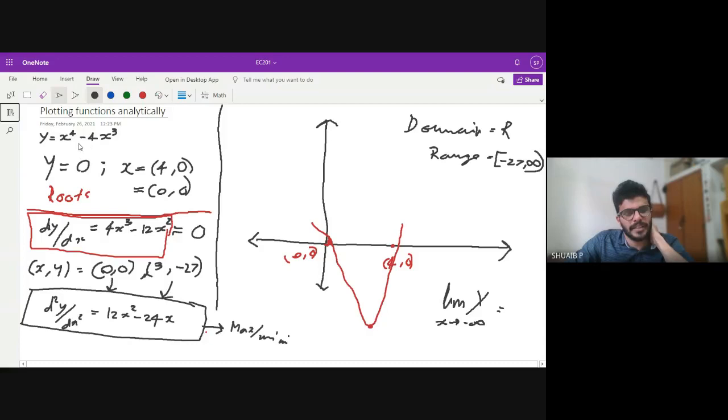So when x tends to infinity, y will also be tending to infinity.